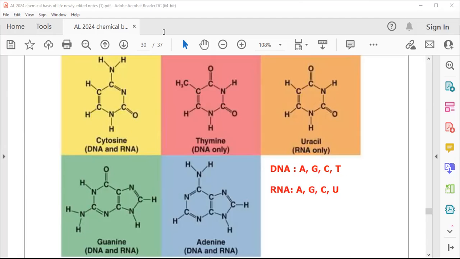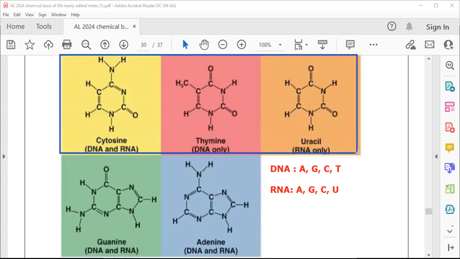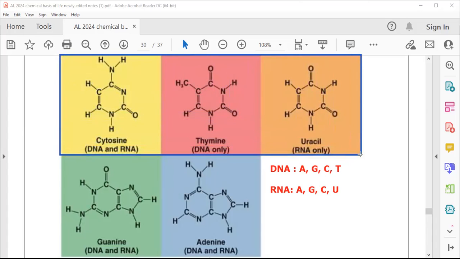Yes, sir. If you take cytosine, thymine, uracil, this is a ring structure. Check one by one. In cytosine, how many rings are there? One ring. In thymine, one ring. In uracil, one ring.